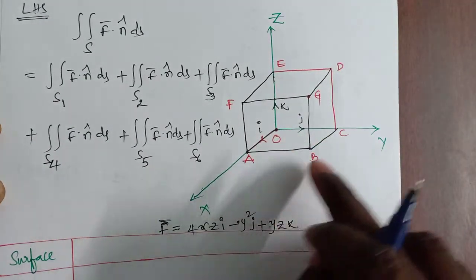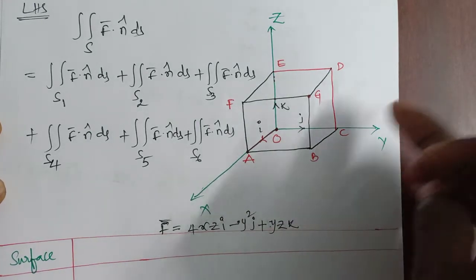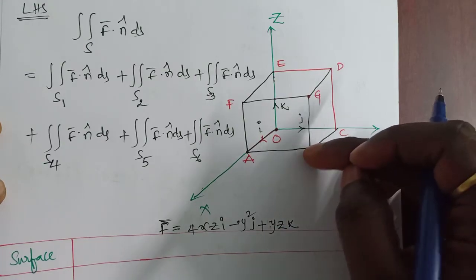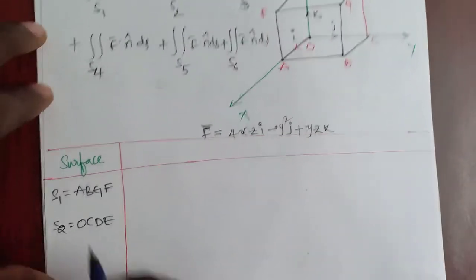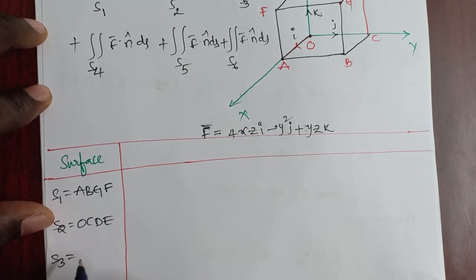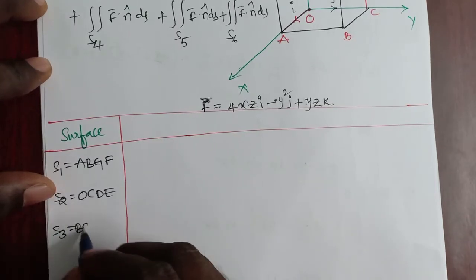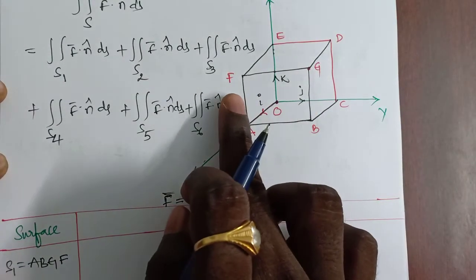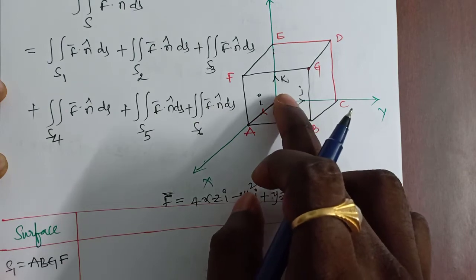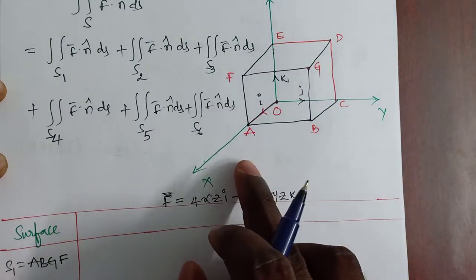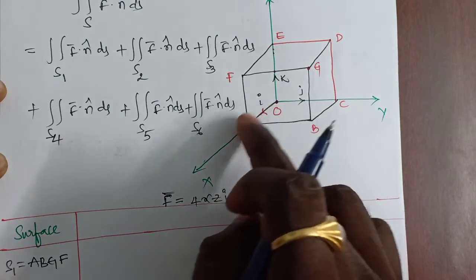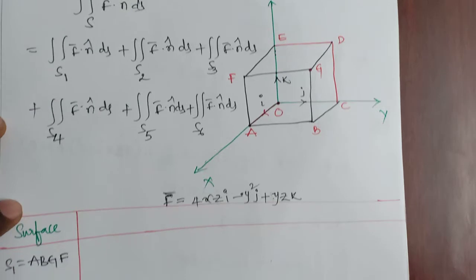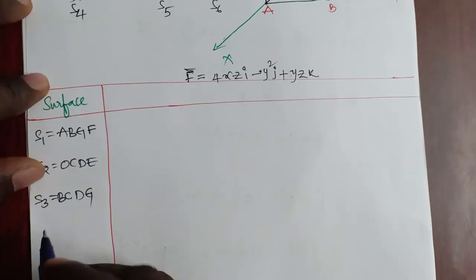Coming to the right surface, BCDG. So that is the right surface, S3. Now coming to the left one, OAFE.